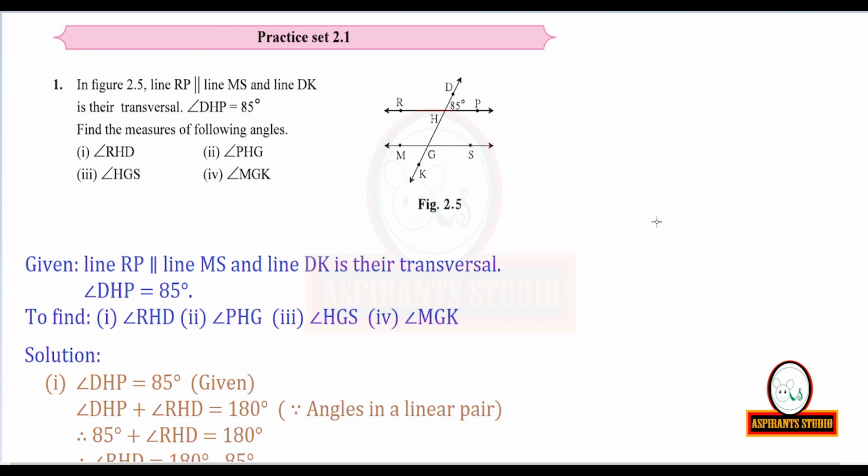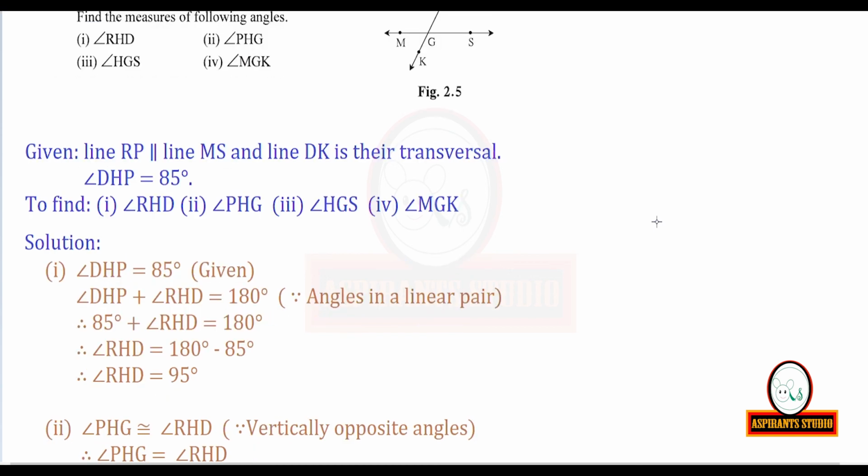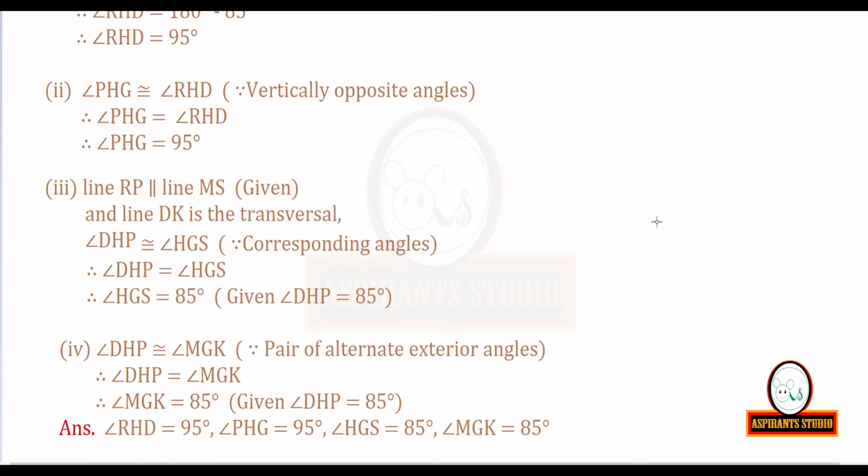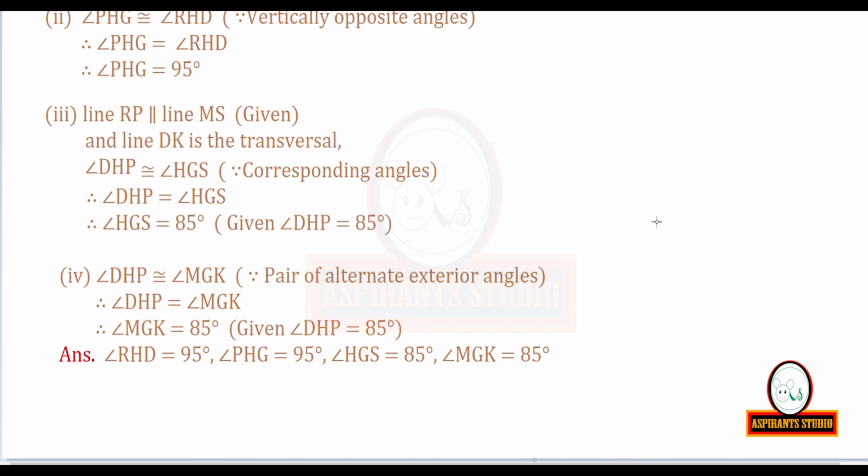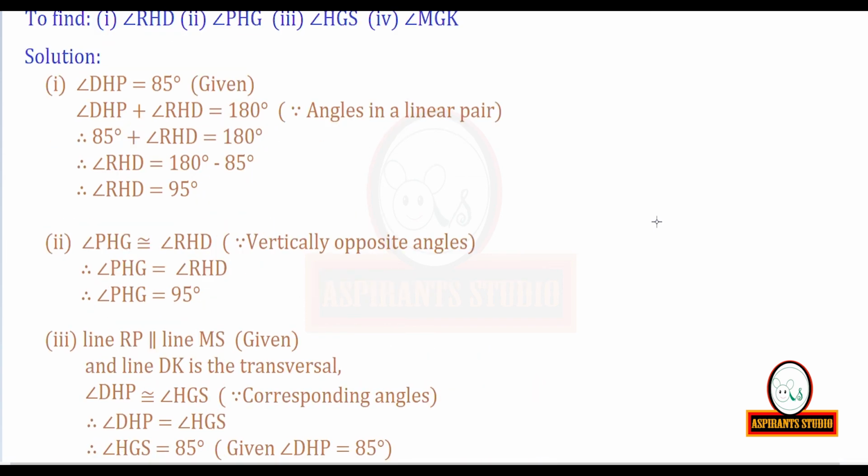So write first of all measure of angle RHD is equal to 95 degrees for the answer. Then you have to write the answer of measure of angle PHG. Measure of angle PHG is equal to 95 degrees. Measure of angle HGS is equal to 85 degrees. And measure of angle MGK is equal to 85 degrees.